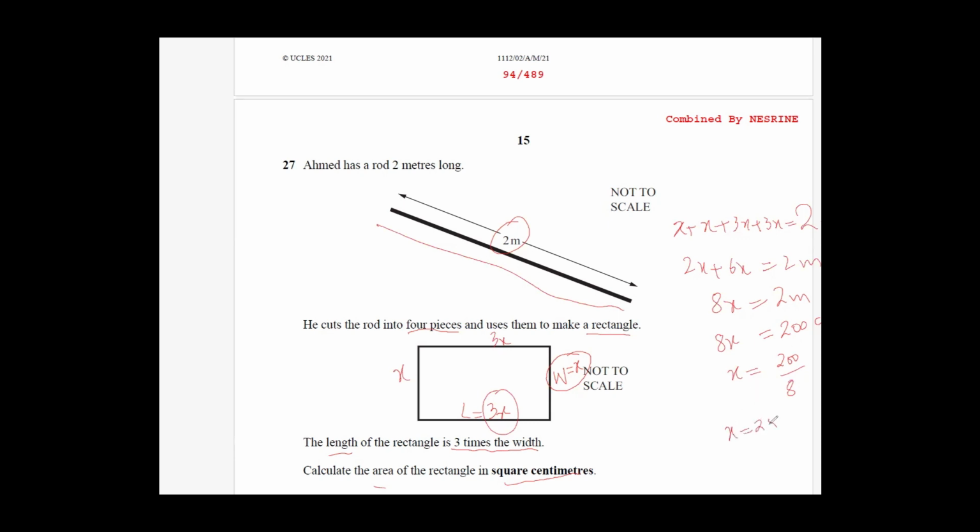X is equal to 25 centimeters, which is the width. So the length is going to be 3x, that is 3 times 25, that is 75 centimeters. So the length is 75 centimeters and the width is 25 centimeters. So this is how this question is to be done.